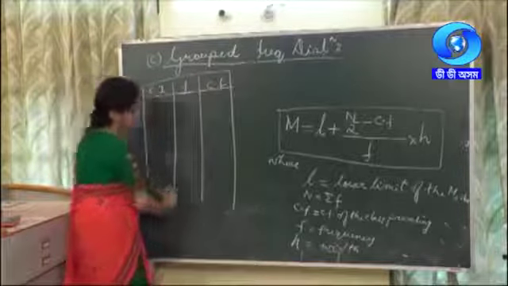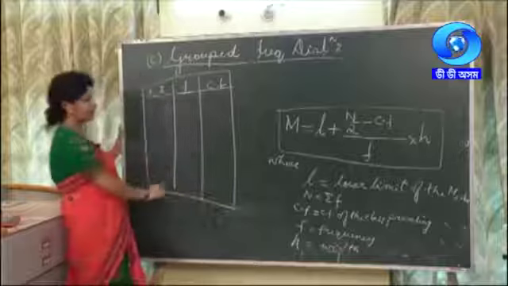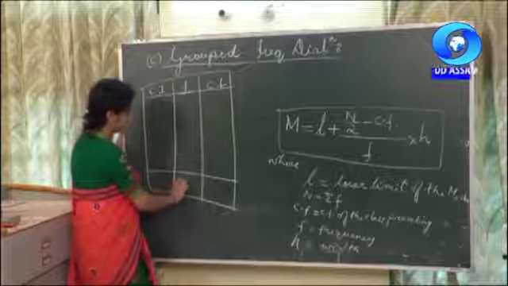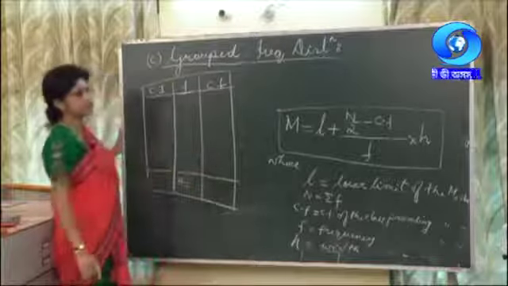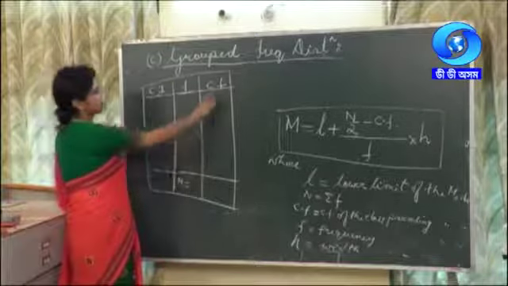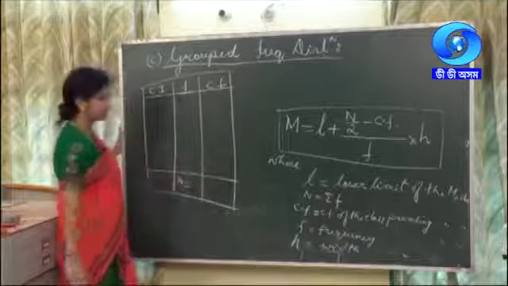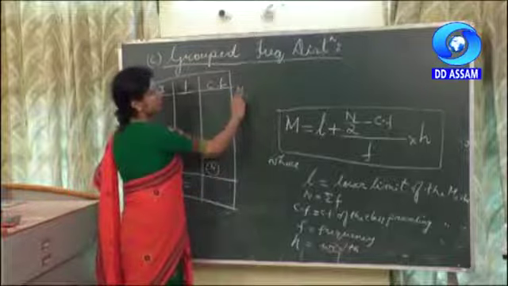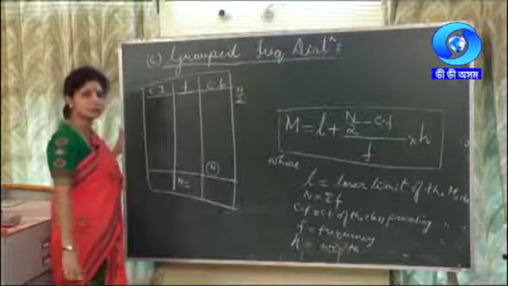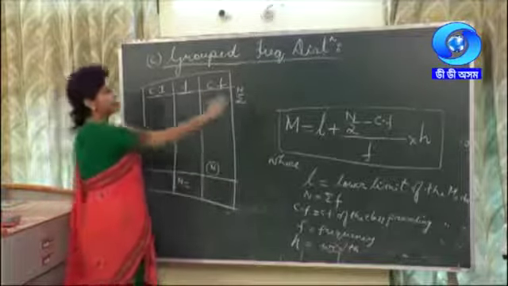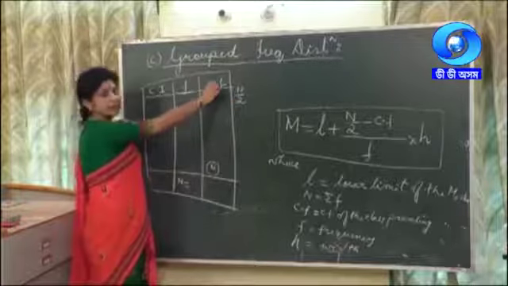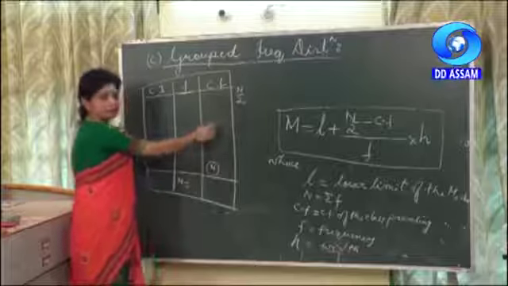That is, we have to construct the cumulative frequency distribution table. Similarly, like the previous procedure, here also we will find out all the cumulative frequencies and then find n by 2. We will calculate n by 2, and then we will again look for the cumulative frequency just greater than n by 2.